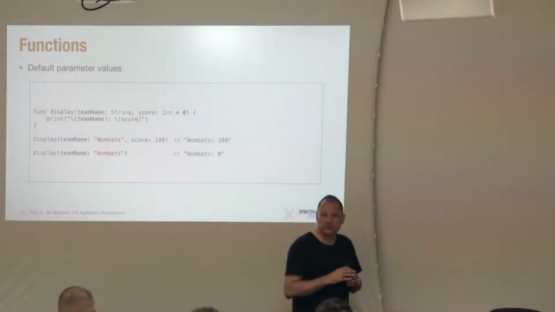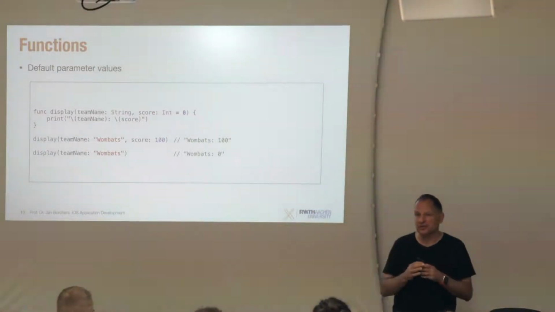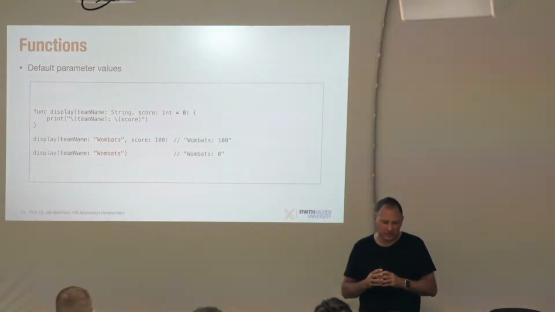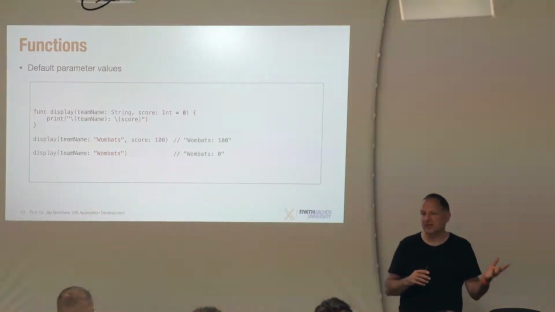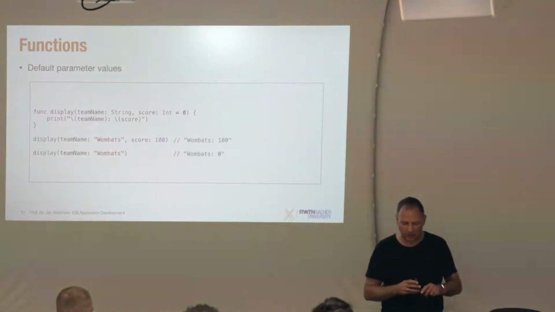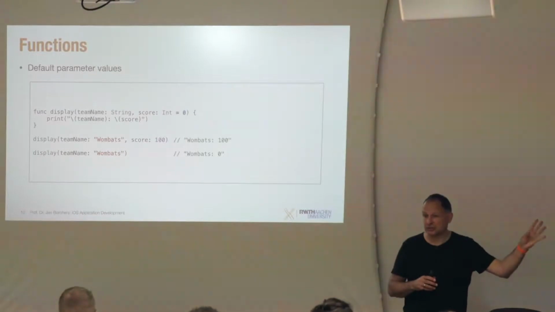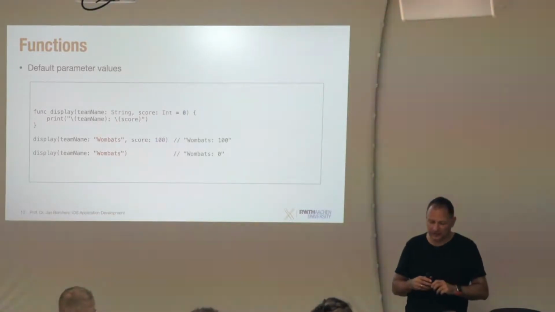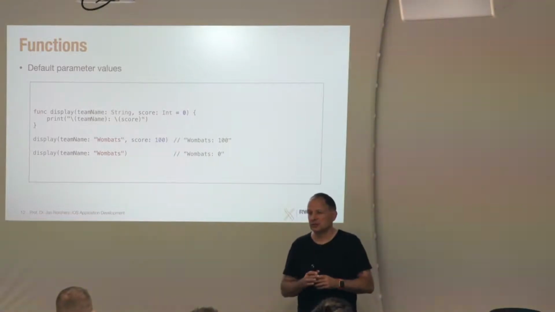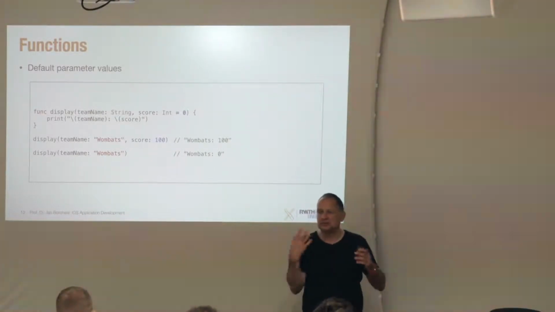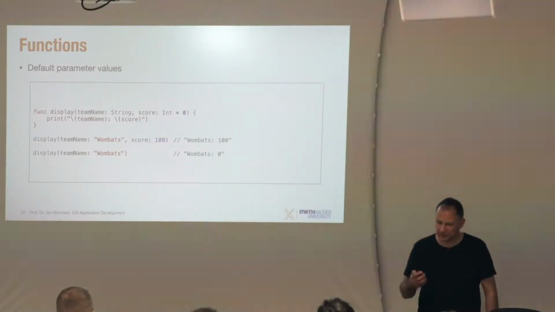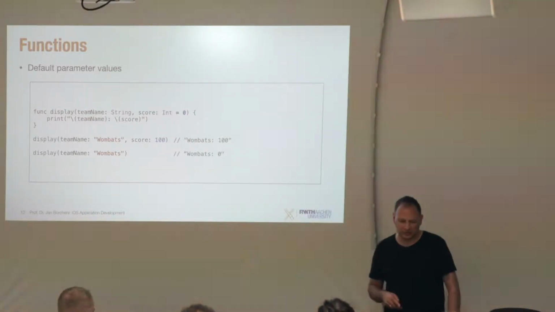So the tip to avoid this confusion, because there can be situations where the compiler cannot make up its mind what you actually mean, is to put any arguments that have default values at the end of your parameter list, and always add an argument label to them to just avoid confusion, right? So that helps you to avoid situations where things become ambiguous. If you want to see some examples, check out the fundamentals book on that.